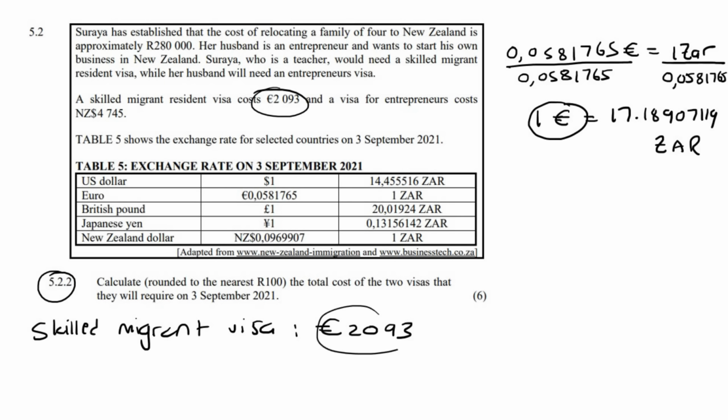So if you have 2,093 euros, how much rand would that be? Well, you can then say 2,093 multiplied by 17.18907119, and that would be 35,976.73 rand. It's expensive.